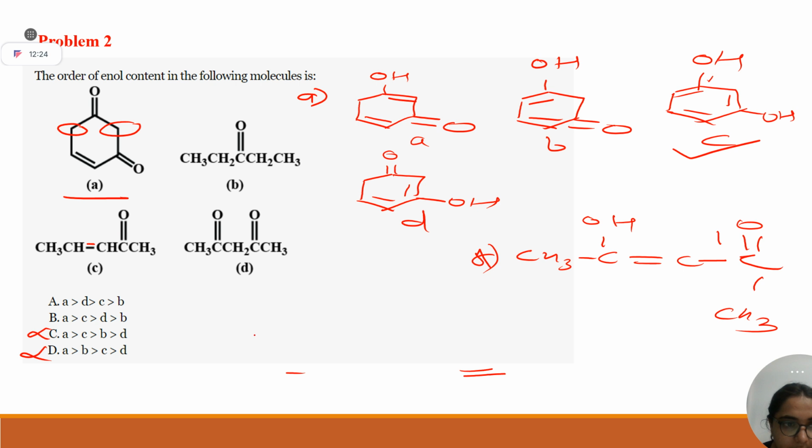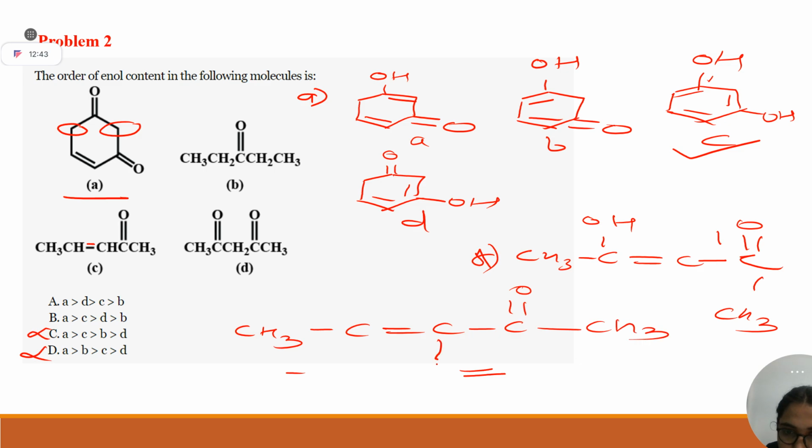And C is this CH3. But tell me one thing, is this double bond here or not? CH3, C double bond C, OH, CH2. Now tell me which type of arrow should I draw in between these two structures?